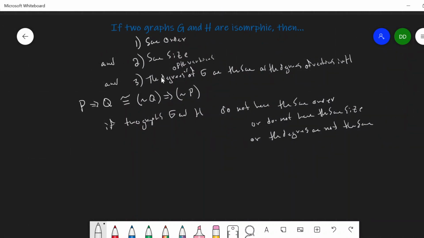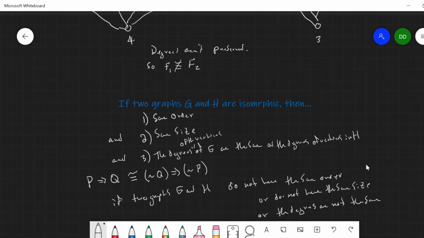If either one of these conditions isn't satisfied, then we can say for sure that G and H are not isomorphic. Then G is not isomorphic to H. So that's how we can use this, theorem 1.6 from our text, to show us when two graphs are not isomorphic.